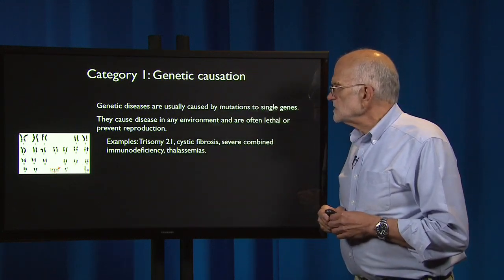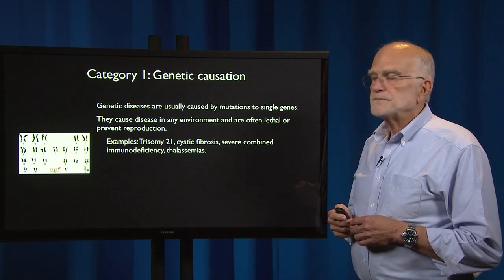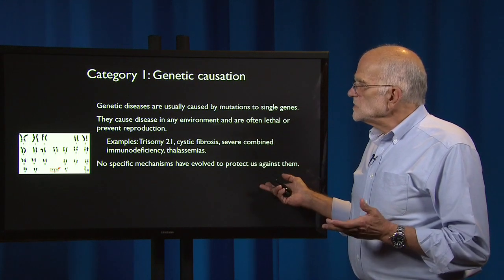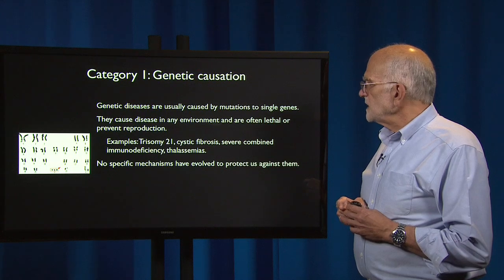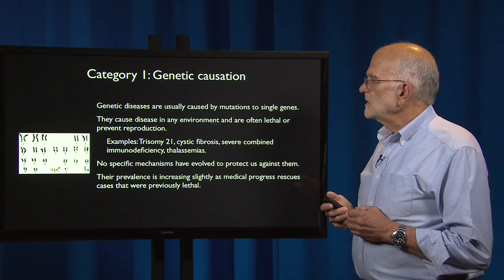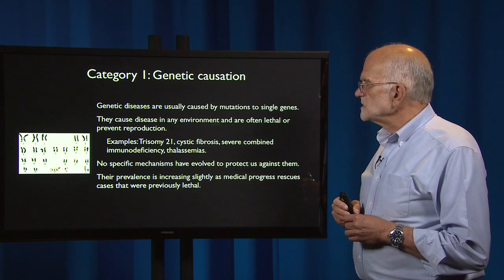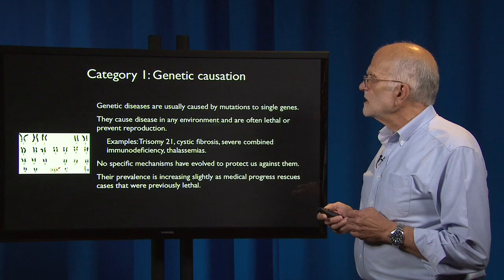Cystic fibrosis, severe combined immunodeficiency, and thalassemia. No specific mechanisms have evolved to protect us against these. Their prevalence is increasing slightly as medical progress rescues cases that were previously lethal.